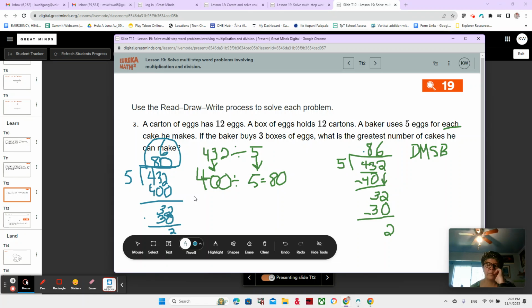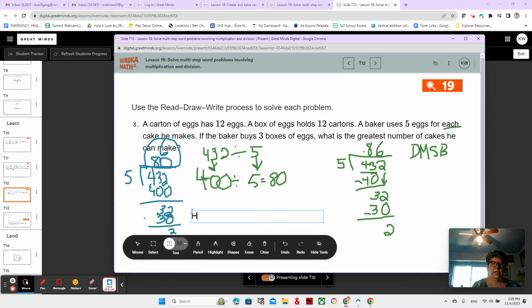So in division, we're taking it out in chunks. We're putting the pieces above that, like the numbers that multiply. It's the same process. This way is just easier when you have two digit divisors. Okay, either way, what's the greatest number of cakes he can make? 86.